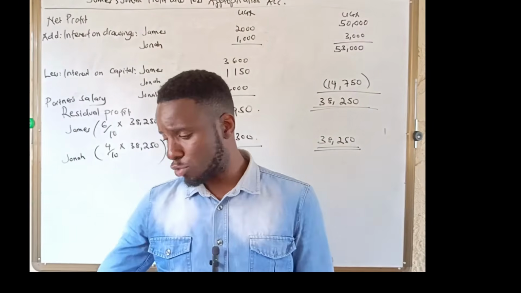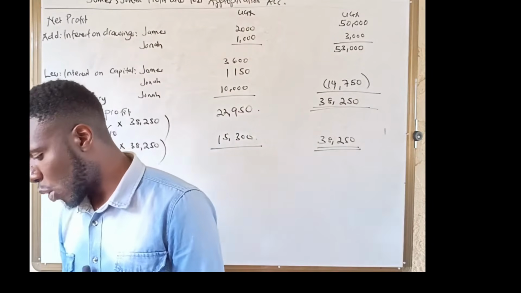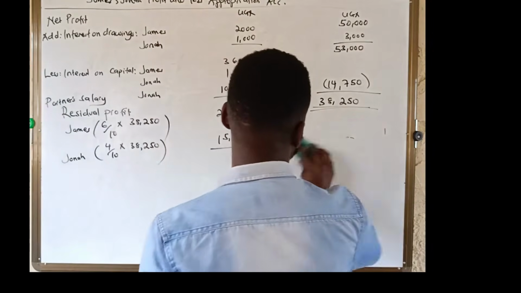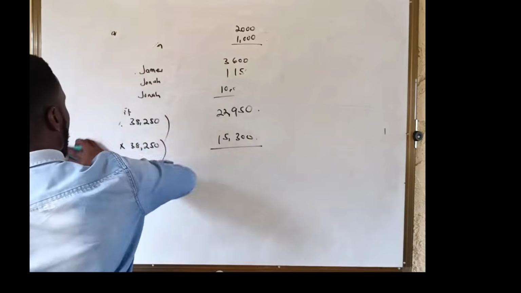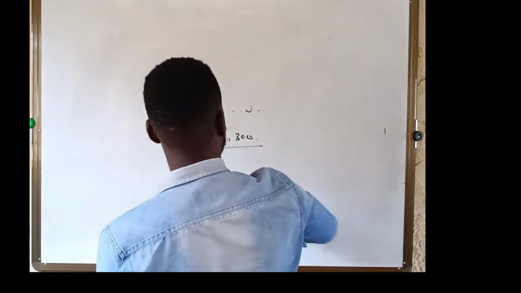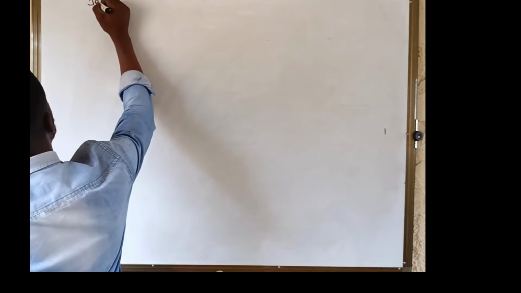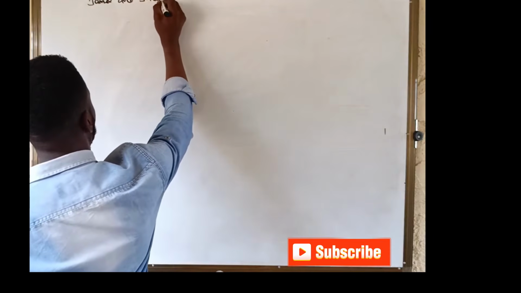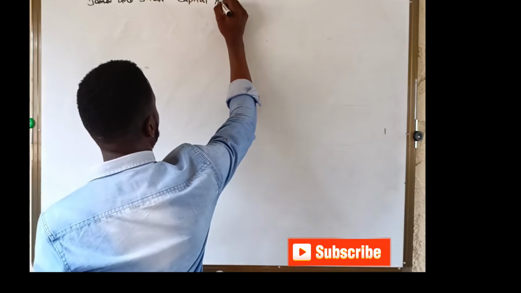Now next, they told us in the question that we prepare the partners capital accounts. Now partners capital accounts, so we shall say James and Jonah capital accounts.